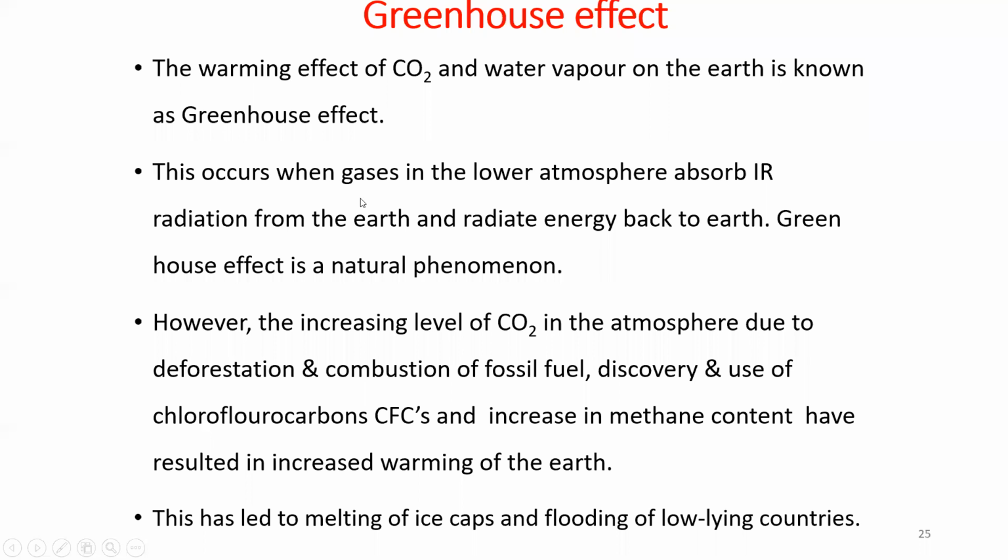It's supposed to just do the natural warming. But because there's an increase in CO2 because of all these activities, the temperature is increased more than expected. And when this happens, there's melting of ice, and the melting of ice leads to more flooding in low-lying countries or areas. Any question?